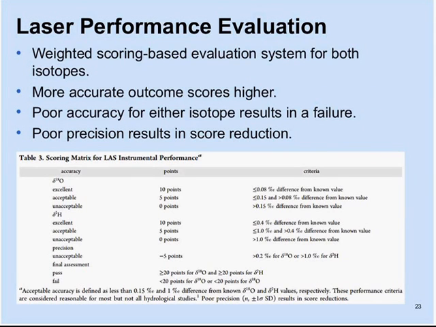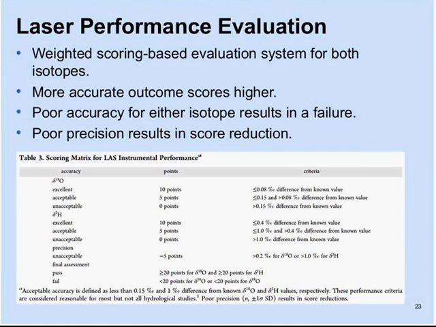We came up with a proposed, and I mean this is proposed, there are many ways to do this, a proposed weighted scoring evaluation system for performance for both isotopes. The principle here is that the more accurate you are, in other words the closer you are to the correct value, the higher your score, where lesser accuracy results in a slight reduction in score, where it may still be acceptable, and you can see the criteria in the 3rd column there.